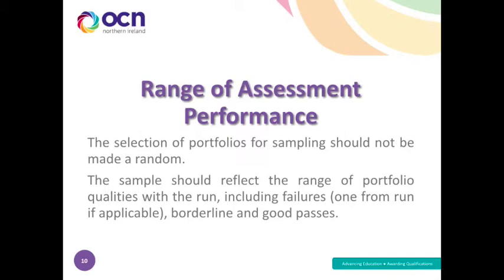So what we want you to do, rather than that, is make your sample reflect the range of performance within the run, the range of portfolio qualities. This should include any failures. We should be selecting a sample of 1 failure, if there are more than 1 failure within the run. We should also be selecting borderline passes and good passes in order to demonstrate that range of quality.